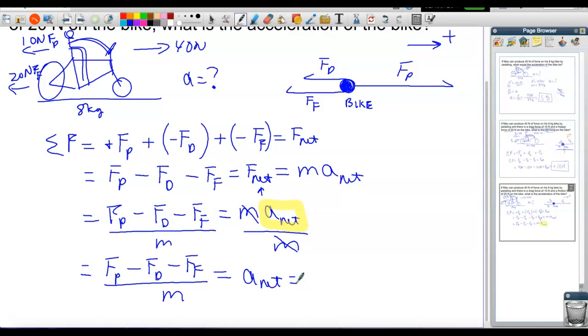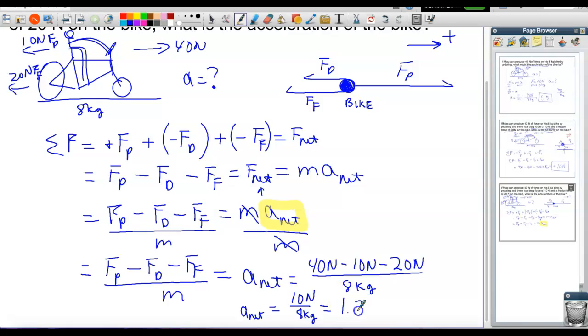So we have a pedaling force of 40 newtons minus a drag force of 10 newtons minus a friction force of 20 newtons, all divided by 8 kilograms. So the net acceleration is 40 minus 10 minus 20, that's 10 newtons, divided by the 8 kilograms, and 10 divided by 8 is 1.25.